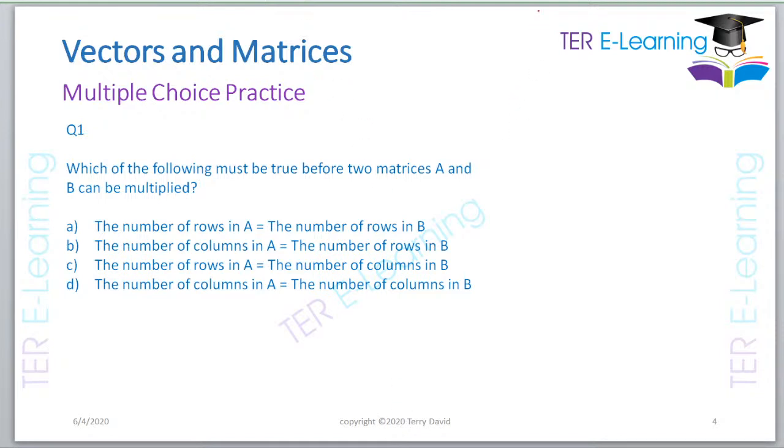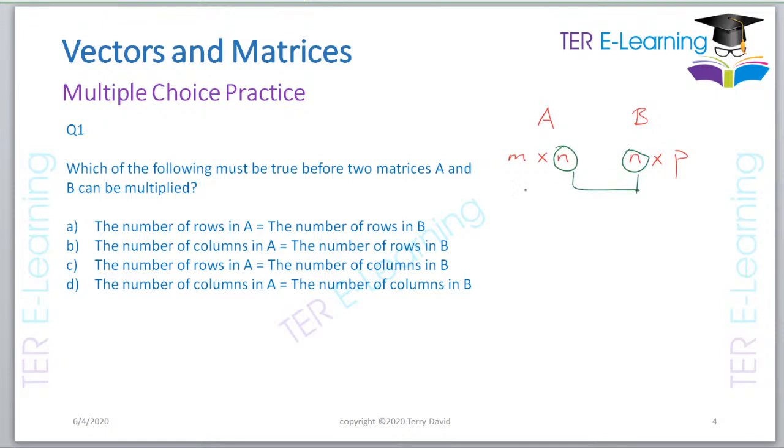So before we can multiply two matrices, if we have a matrix A and a matrix B, let's say the order of matrix A is M by N and the order of matrix B is N by P. In order for two matrices to be able to multiply, this number here and this number here have to be the same.